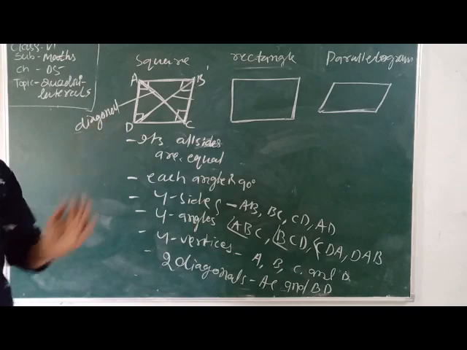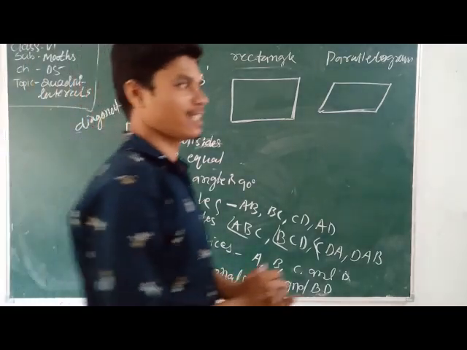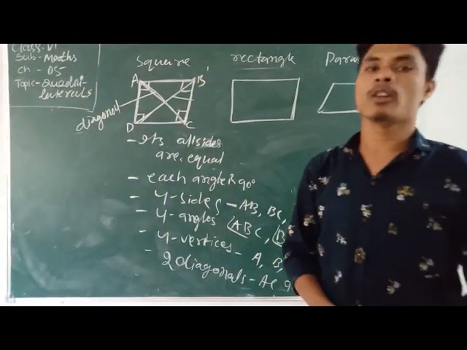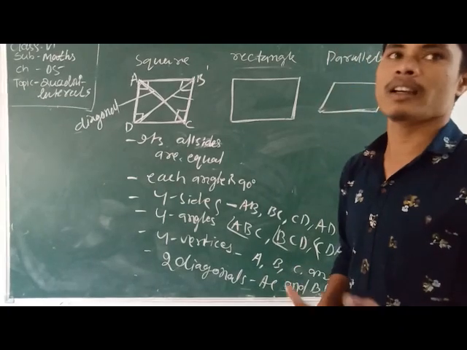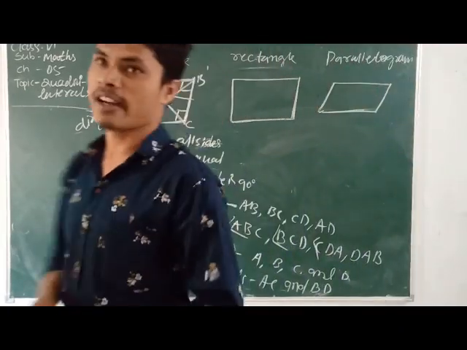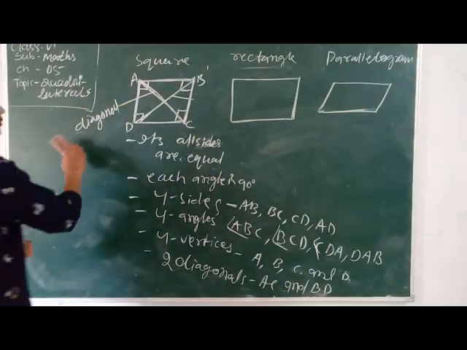Now we discuss the rectangle. Already you know about the rectangle. A rectangle means its opposite sides are equal and parallel, and each angle is 90 degrees. Are you clear about the square?